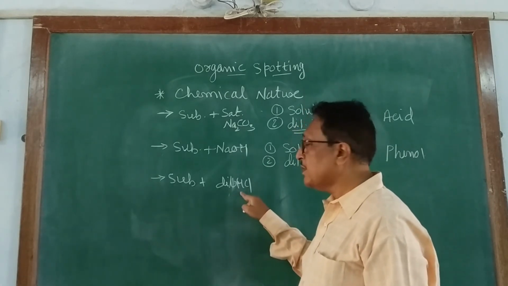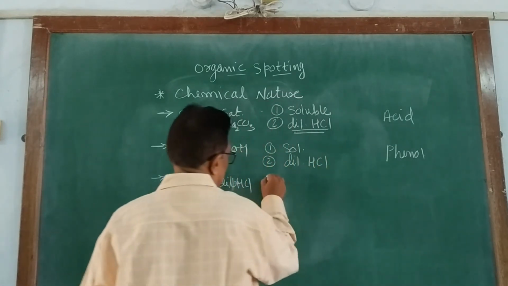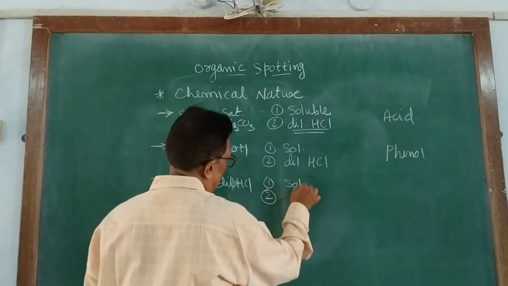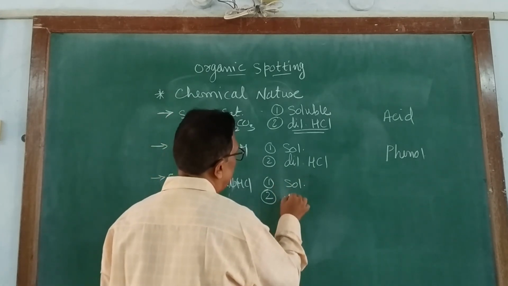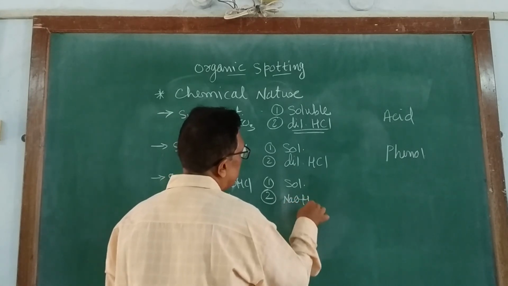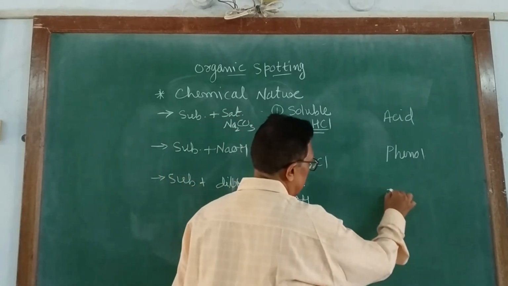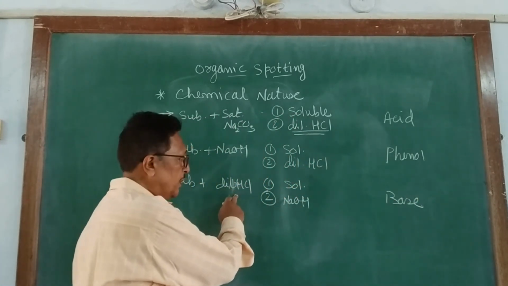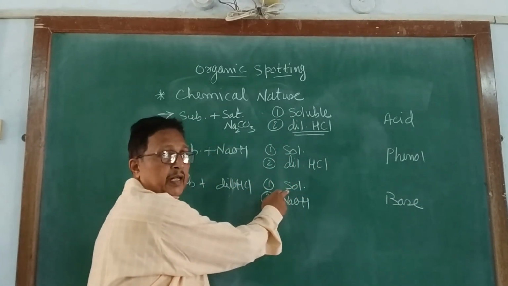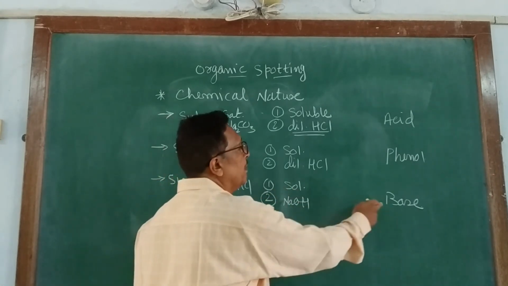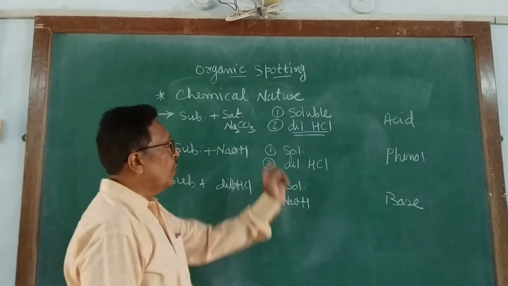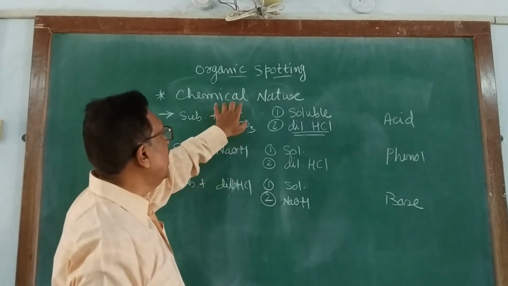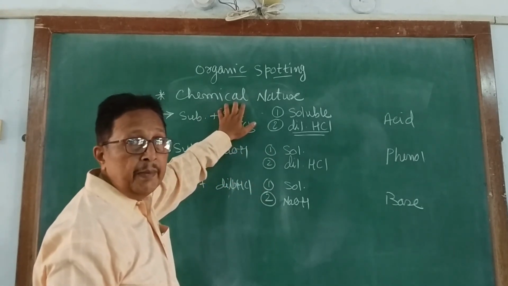Now substance plus dilute HCl, again, if the substance is soluble and by addition of NaOH you are getting precipitate, then only base is present. But when you add HCl to your substance and it is not soluble, it is not dissolving, then base is absent. So you have to perform this test very carefully, and finally you get the chemical nature.